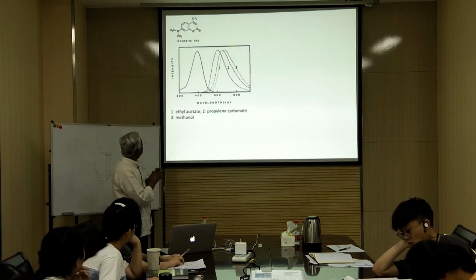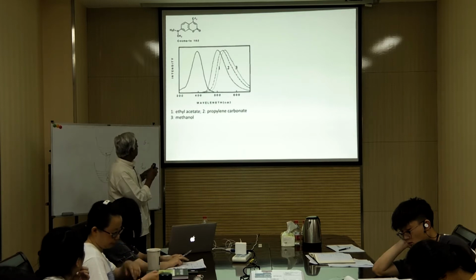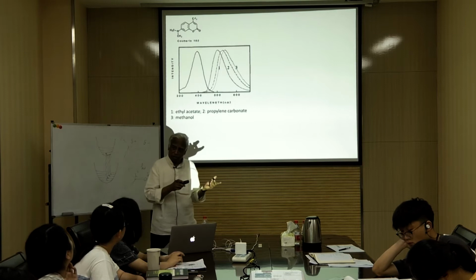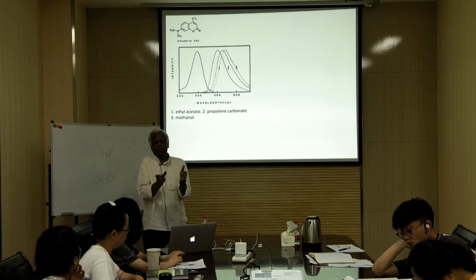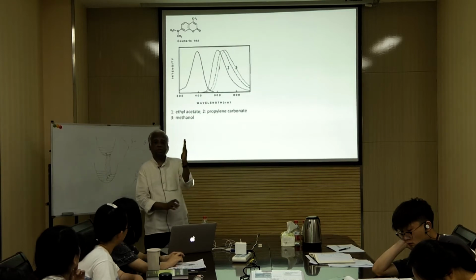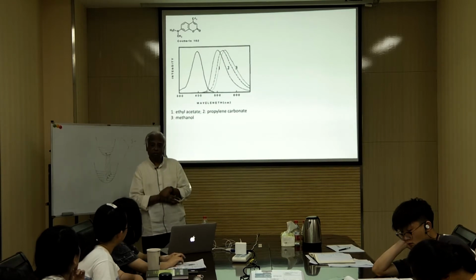Okay, now take for example the coumarin molecules. Like we said before, the emission maximum, like in the case of pyrene is I1 by I3, and in some other molecules the emission maximum will change depending on the polarity.